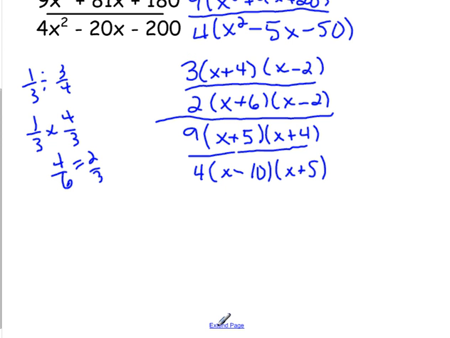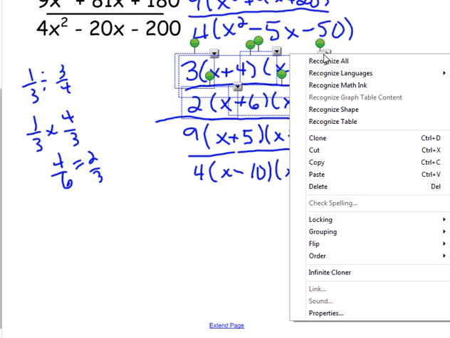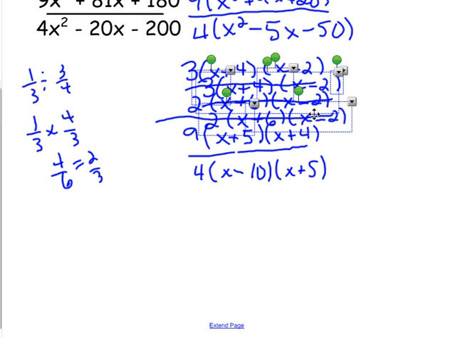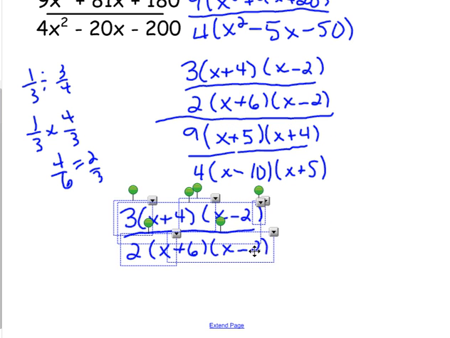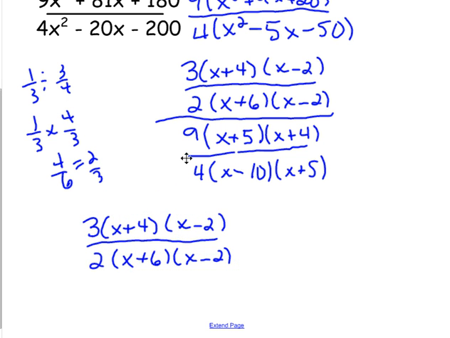So let's give ourselves some room here. We're going to write the top again. In fact, I'm going to cheat here and just copy and paste it. So write the top again. And then next to that, we're going to multiply by the bottom flipped. I'll just rewrite it.